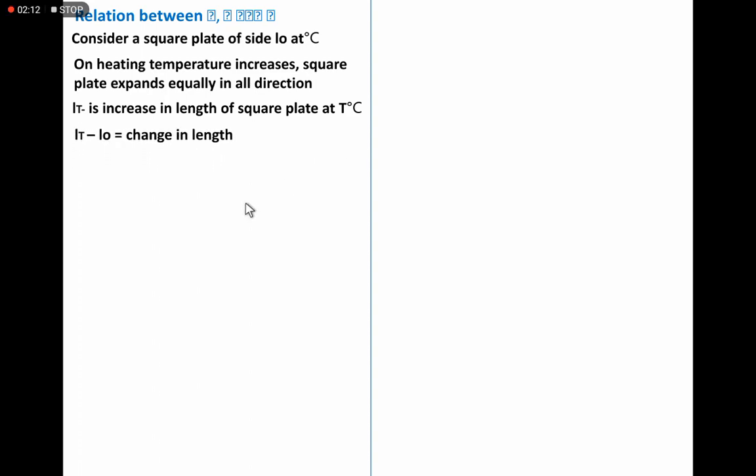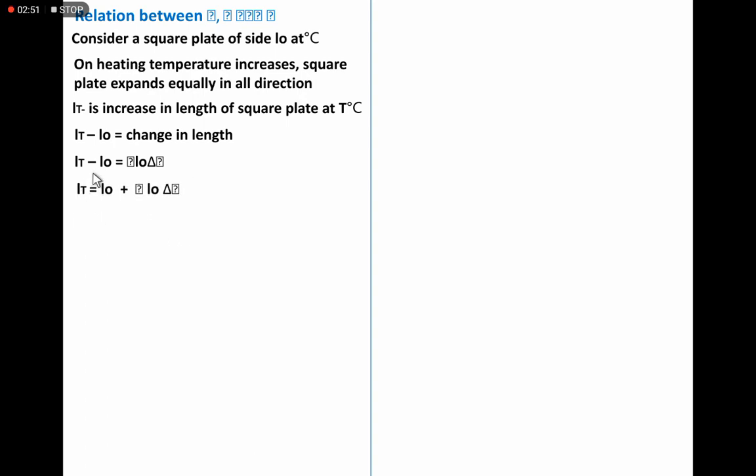Now in the previous lecture we studied that the difference between the increased length and the original length is the change in length, and the equation is change in length equals alpha L naught delta T. Here is again the problem, I am repeating: this is alpha L naught delta T, where delta T is the change in temperature.